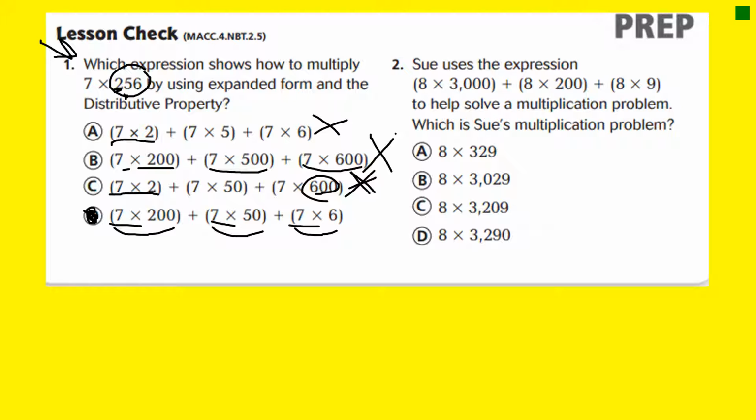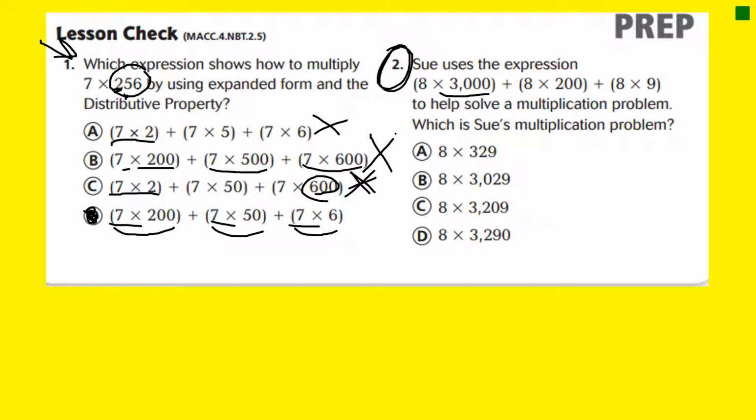Sue uses the expression 8 times 3,000 plus 8 times 200 plus 8 times 9 to help solve a multiplication problem. Which is Sue's multiplication problem? So for number 2, we're really going backwards from what we just did.